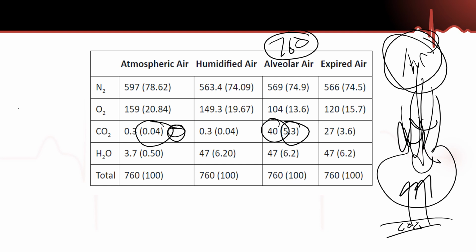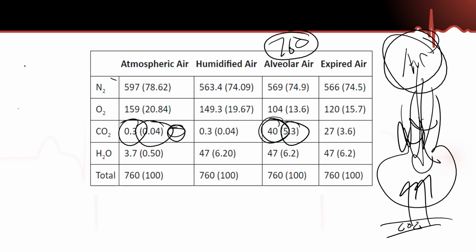So its partial pressure, its partial contribution to the total, is about 40 millimeters of mercury. The partial pressure of CO2 within the air in the alveoli is about 40 millimeters of mercury, and it's basically zero in the air in the atmosphere.